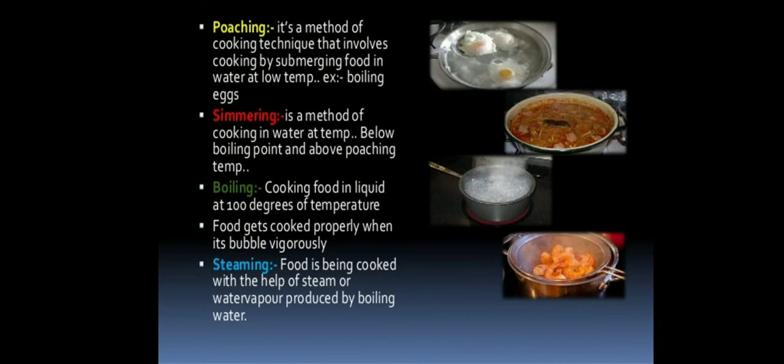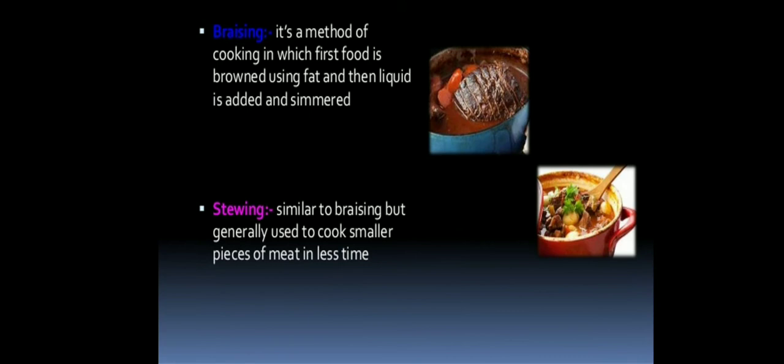poaching temperature. Next is boiling, cooking food in liquid at 100 degrees, and food gets cooked properly when it bubbles vigorously. Next is steaming, food is being cooked with the help of steam or water vapor produced by boiling water. Next is braising.